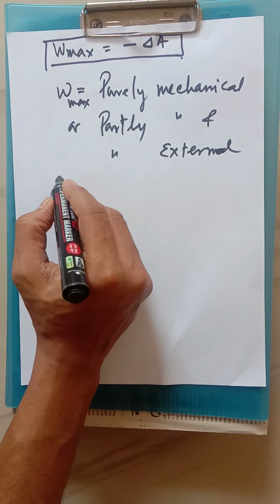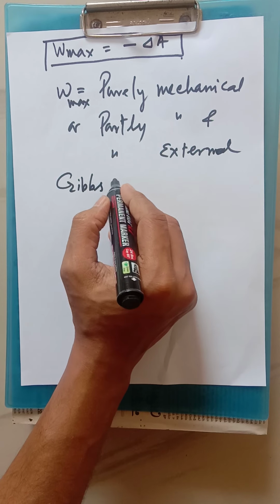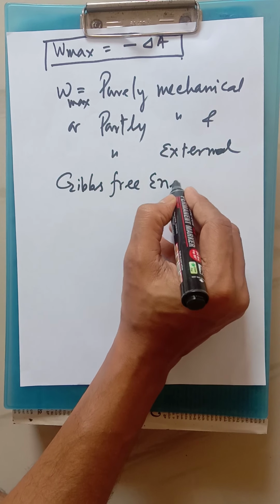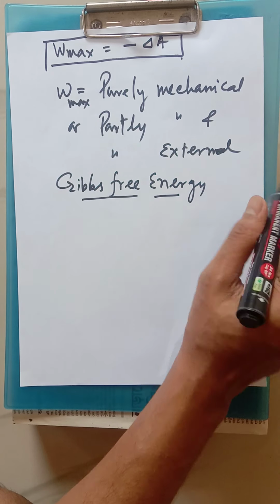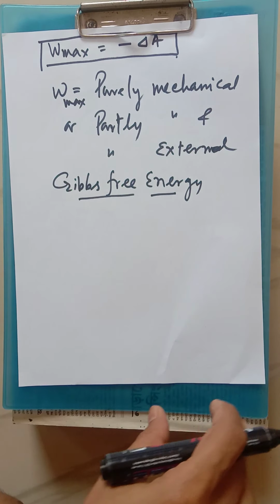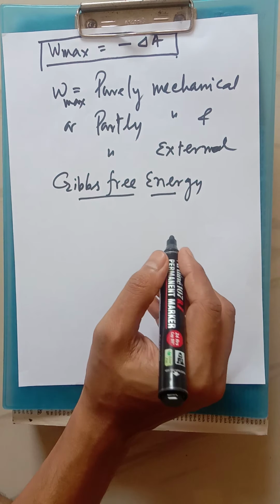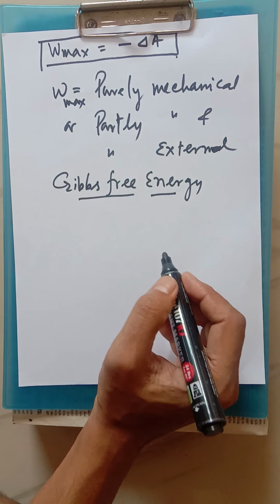Next, moving to the Gibbs free energy. That is a very vital one. Why is it vital? Because depending on the Gibbs free energy value, we can easily find out whether the process is spontaneous or not. That means spontaneity totally depends on the Gibbs free energy value.